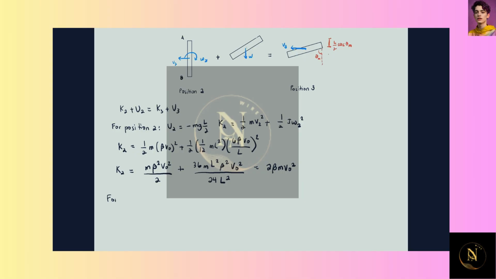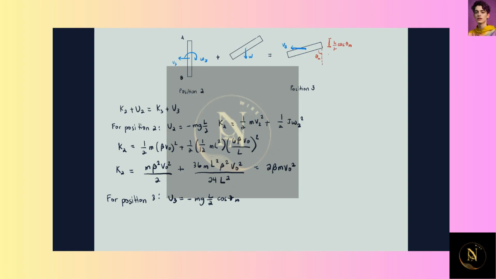So for position 3, our potential energy is equal to negative mgL over 2 cosine theta m. Because as you can see in the last part of the sketch, the beam makes an angle of theta m. So if we get the distance from point A to the center, that would be L over 2 cosine theta m.